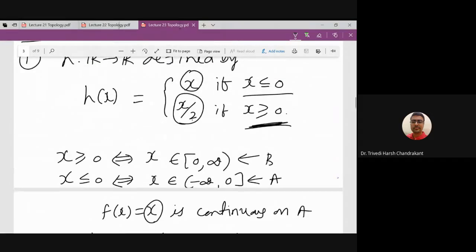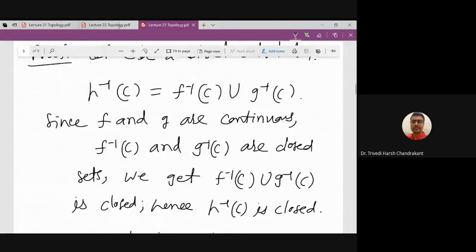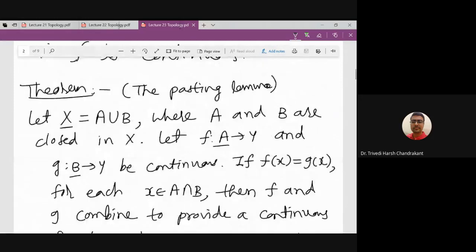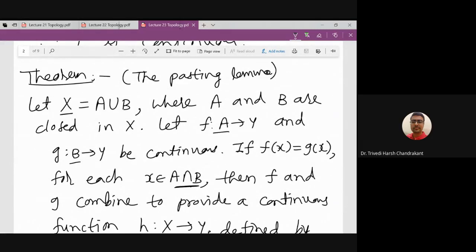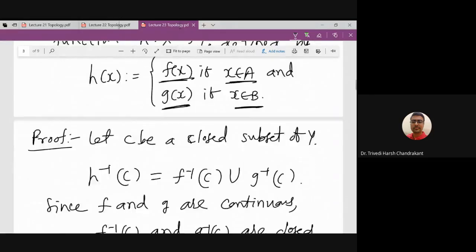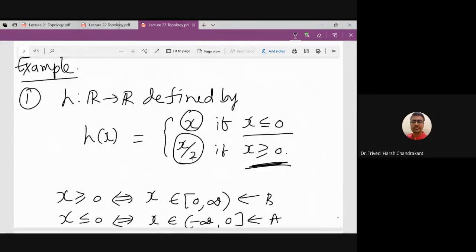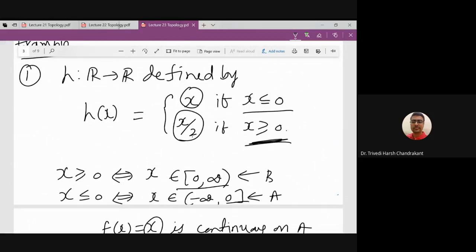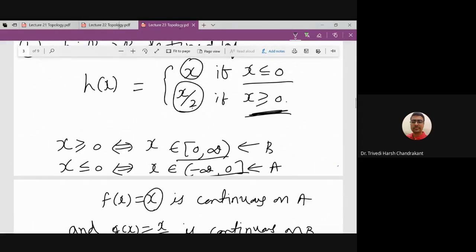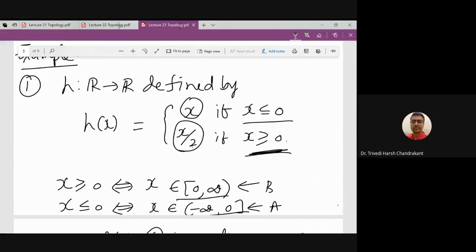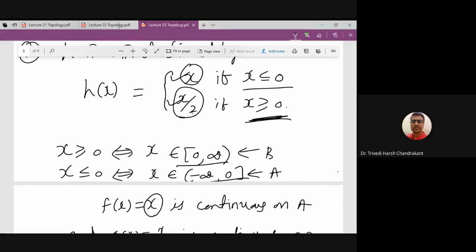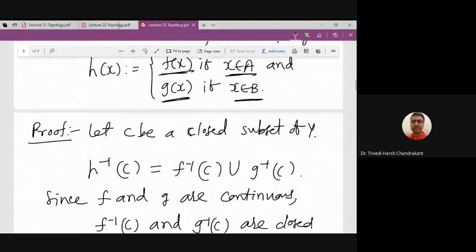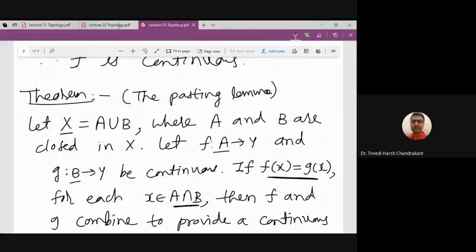So F and G are continuous, and what we need to check is they should be the same on the intersection. The intersection of these two sets is the singleton 0. On 0 this function is 0, and this function is also 0 at x equal to 0. So that condition is satisfied: Fx equal to Gx on the intersection.